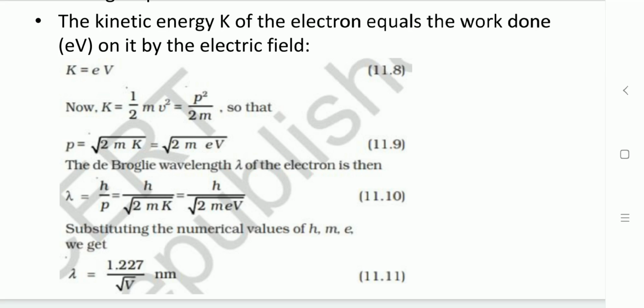Now substitute the values of h, Planck's constant, m, mass of electron, and e, charge of electron.